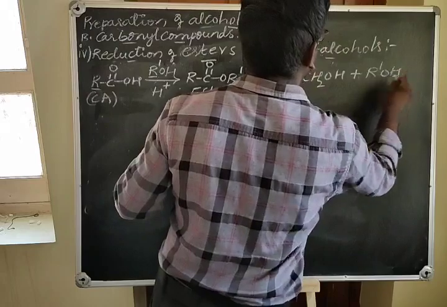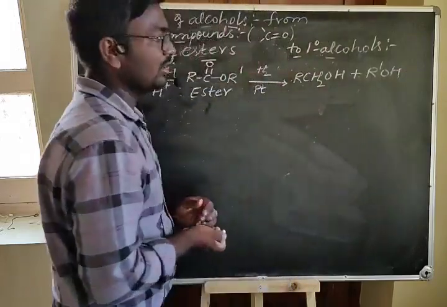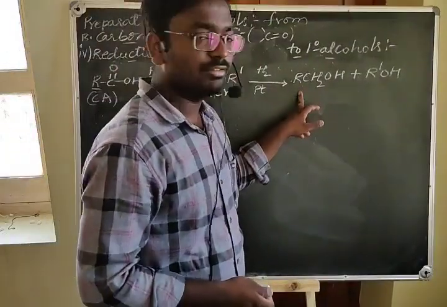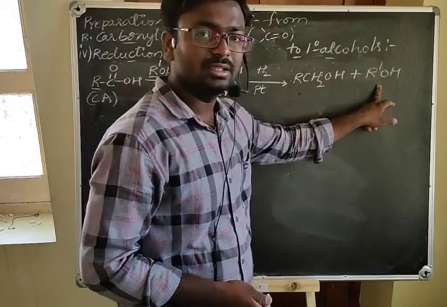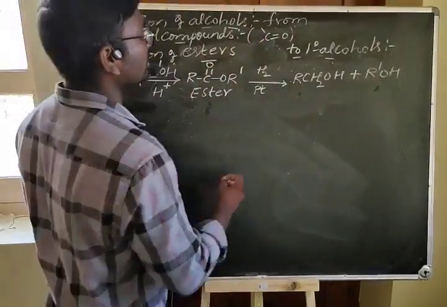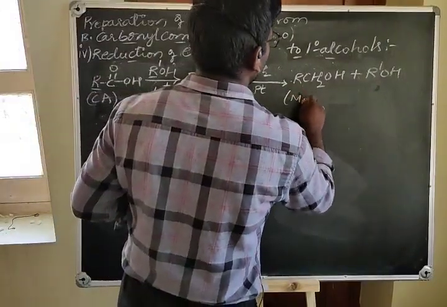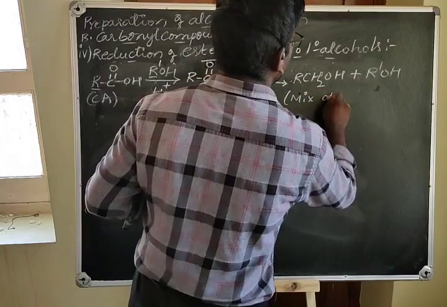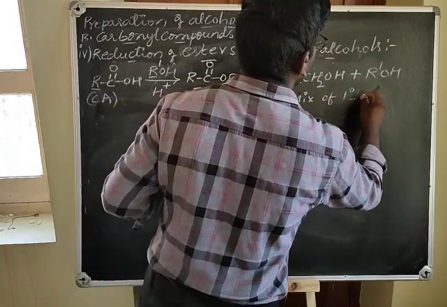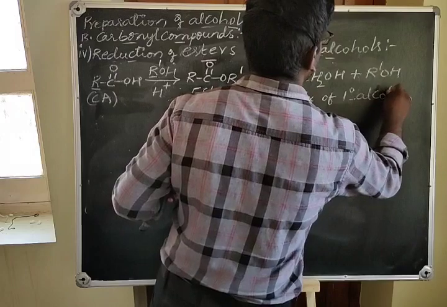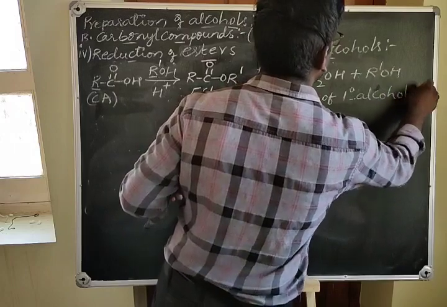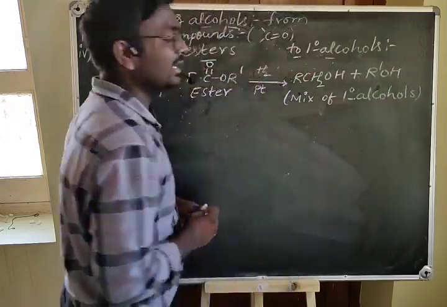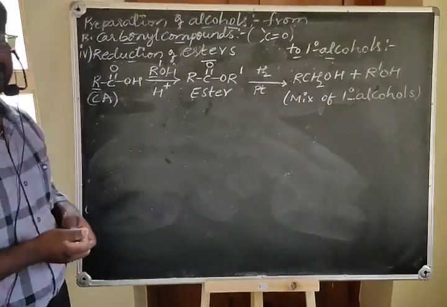Here you are getting the primary alcohols. This is one type of primary alcohol, this is another type of primary alcohol. So in this method, you are getting a mixture of primary alcohols, and you need to separate these two again using some techniques.